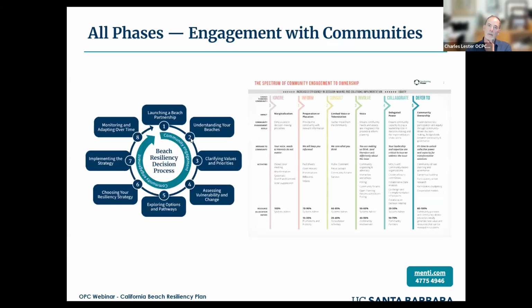And that engagement question is something we're also trying to really raise up in this assessment. You might have noticed in this overall schematic that we've got community engagement as something that's important through every phase or step of this process, or these functional decisions.